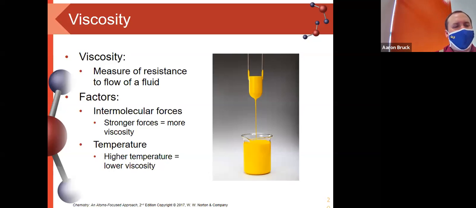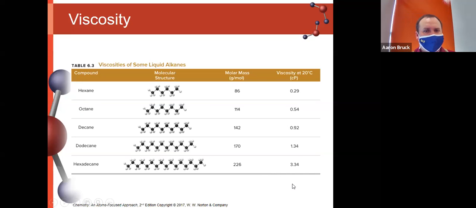So those are the two factors. Temperature obviously has an impact. What we're most interested in is the intermolecular force, though. And so we can see this. Now, viscosity is measured in a unit called centipoise. You don't need to know that, but that's what the CP stands for. And what we can see is that our general trend, these are all organic, all nonpolar.